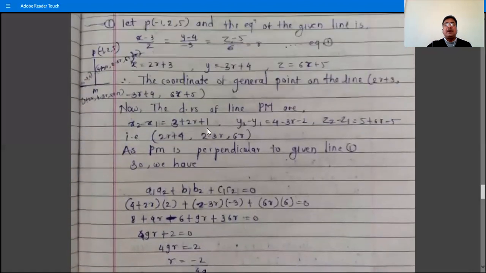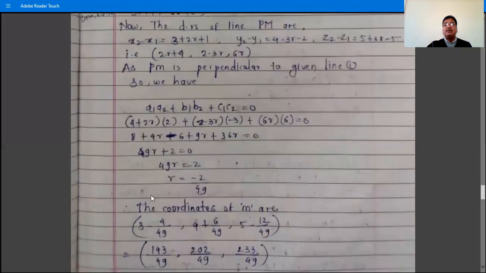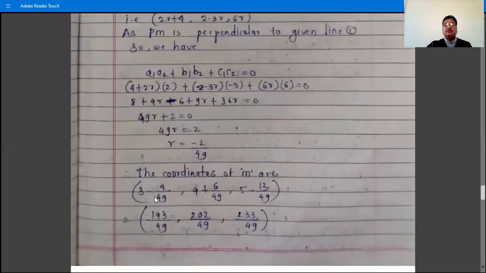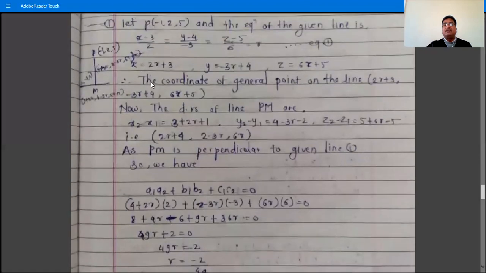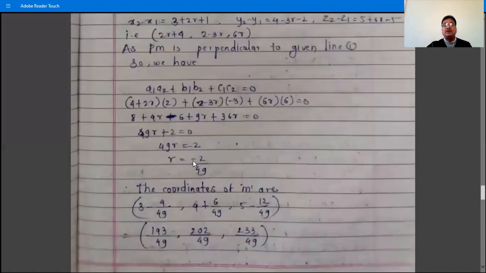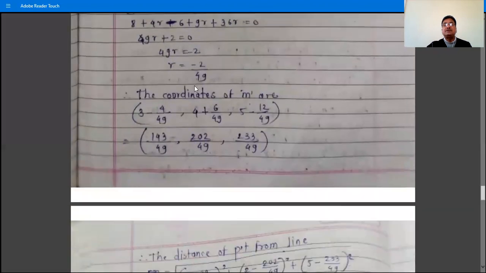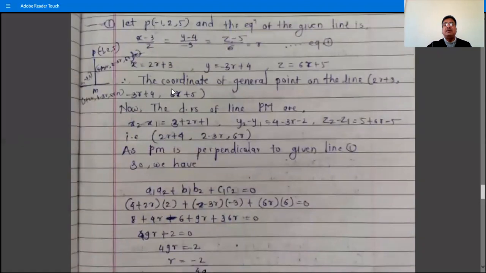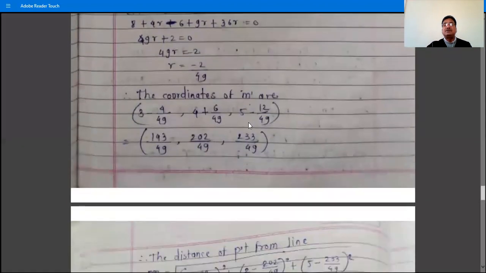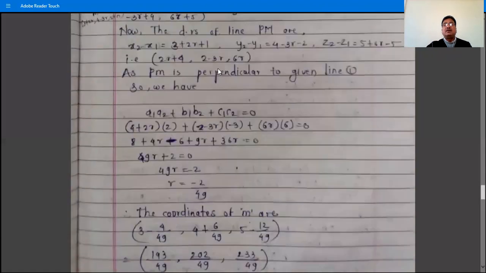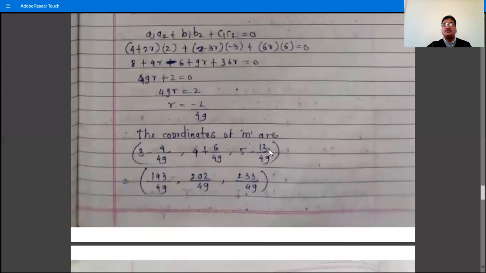So substitute this value of R in the coordinates of the general point, that is 3 plus 2R, which is 3 plus 2 into minus 2 by 49, then 4 minus 3R, which is 4 plus 6 by 49, and 5 plus 6R, where R is minus 2 by 49, so 5 minus 12 by 49.